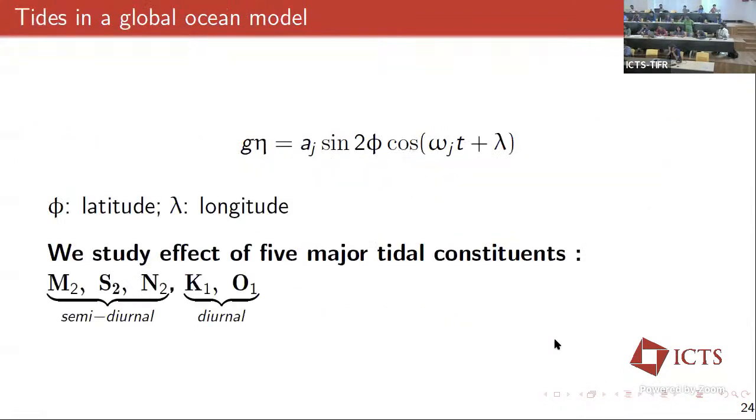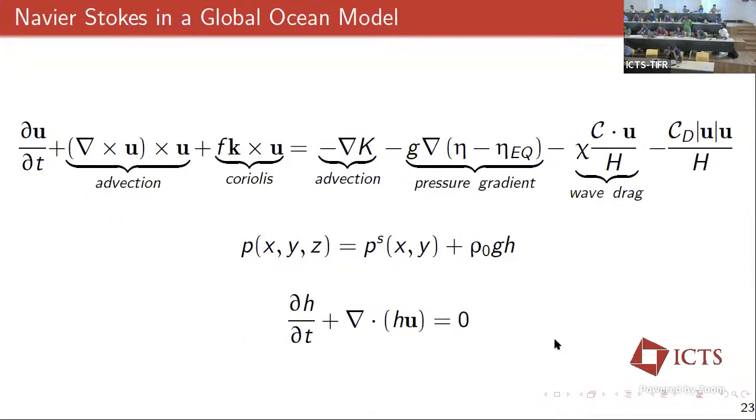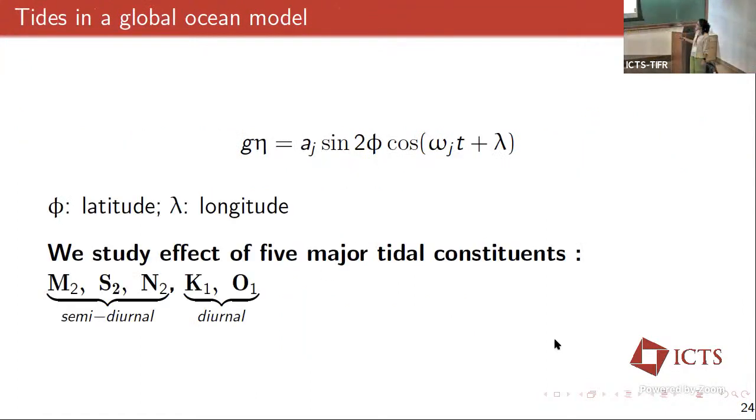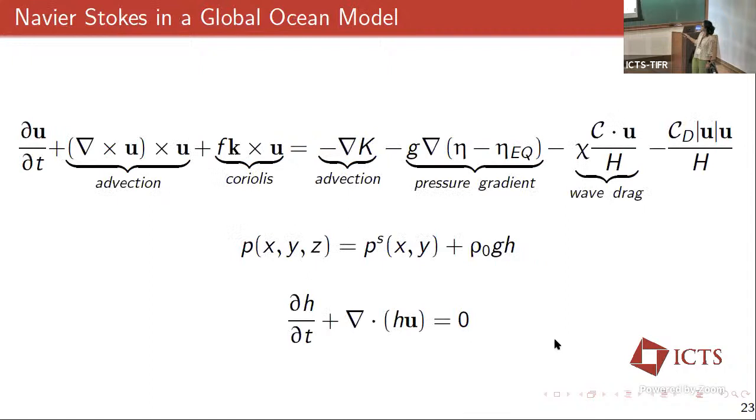So this is a force term, and the force comes from a gradient of a potential. Here I'm writing down the tidal potential. In addition, there is buoyancy, of course, that I did not write here, but it is included.